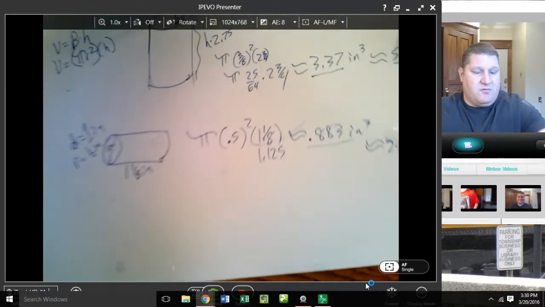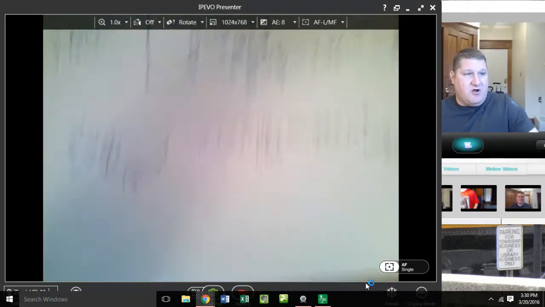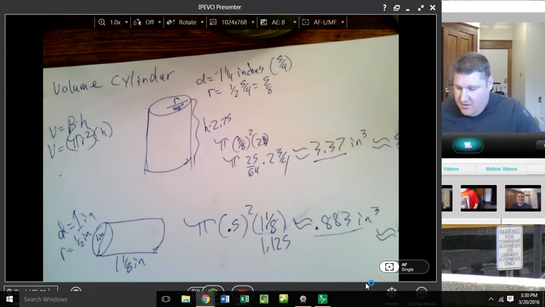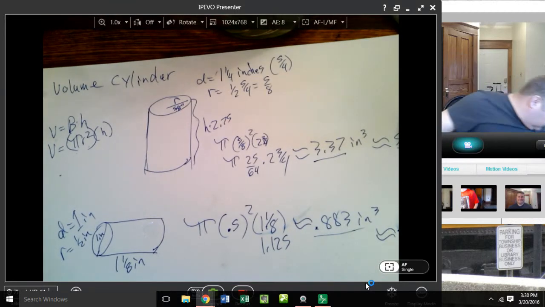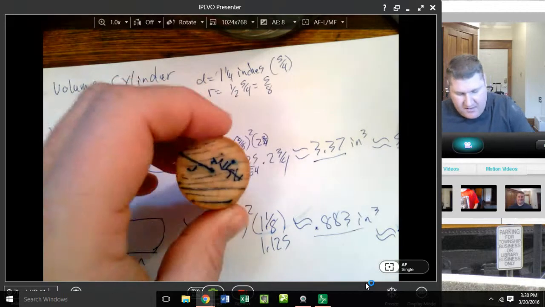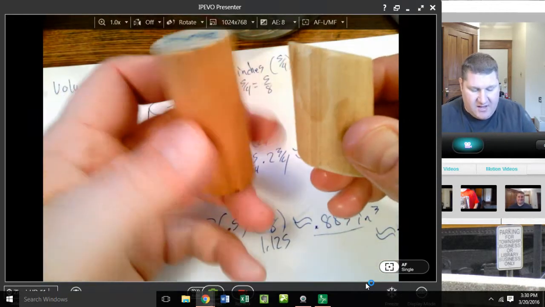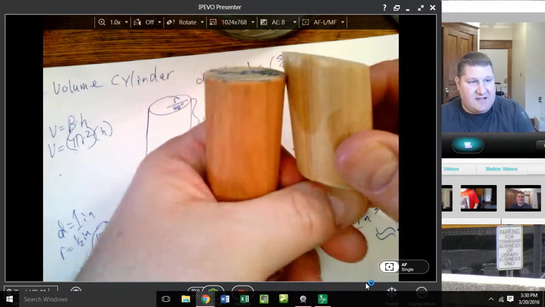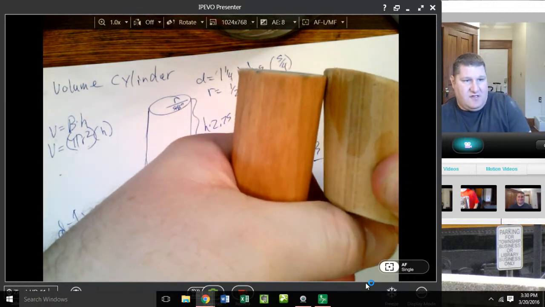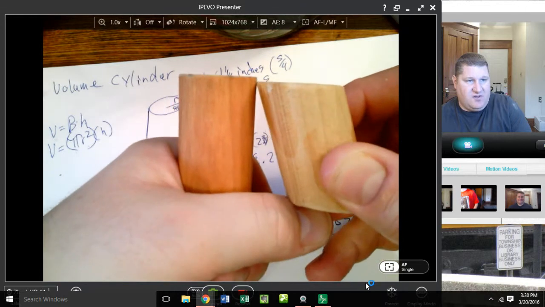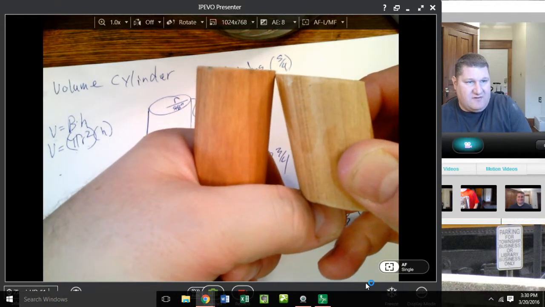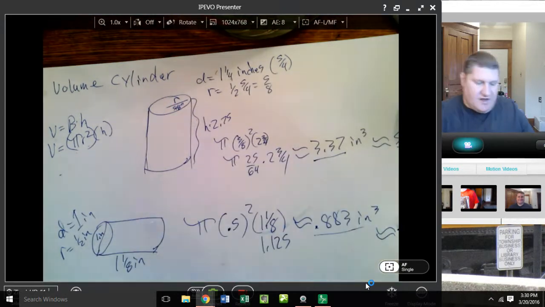This becomes important when we take them back out, because remember our discussion a minute ago about right prisms and oblique prisms. Now, these two are not the same height, but if I had exactly the same height in the cylinder as I had in the oblique prism, we would have the same amount of volume between the two items.